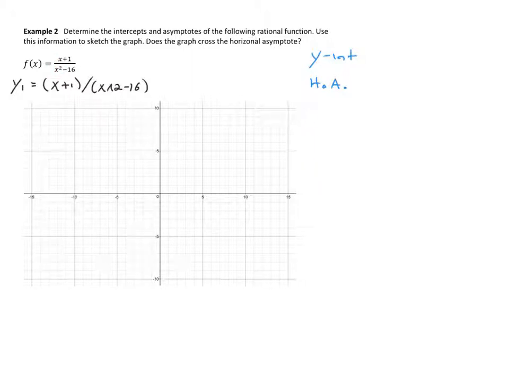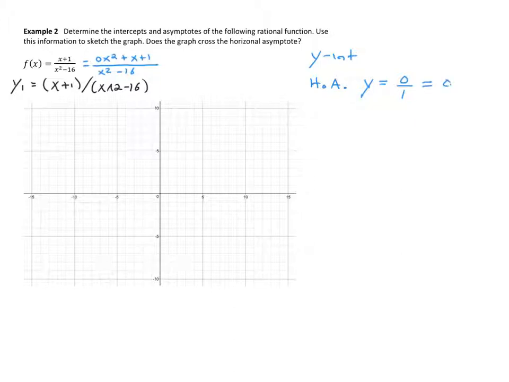If this is the case, the numerator is technically 0x squared plus x plus 1, divided by x squared minus 16. So for the horizontal asymptote, the ratio is actually 0 over 1 because I have to compare both x squareds. There's a 0 up here and a 1 down here, whereas you can't just say 1 over 1 this time because you're comparing different powered exponents. This means the horizontal asymptote is simply 0.